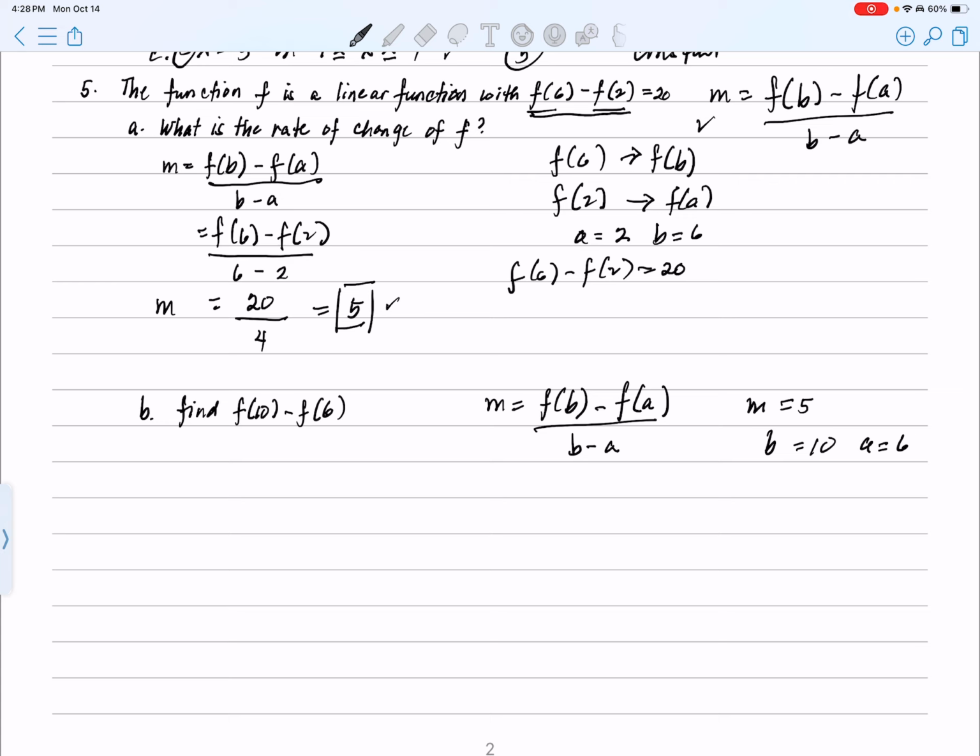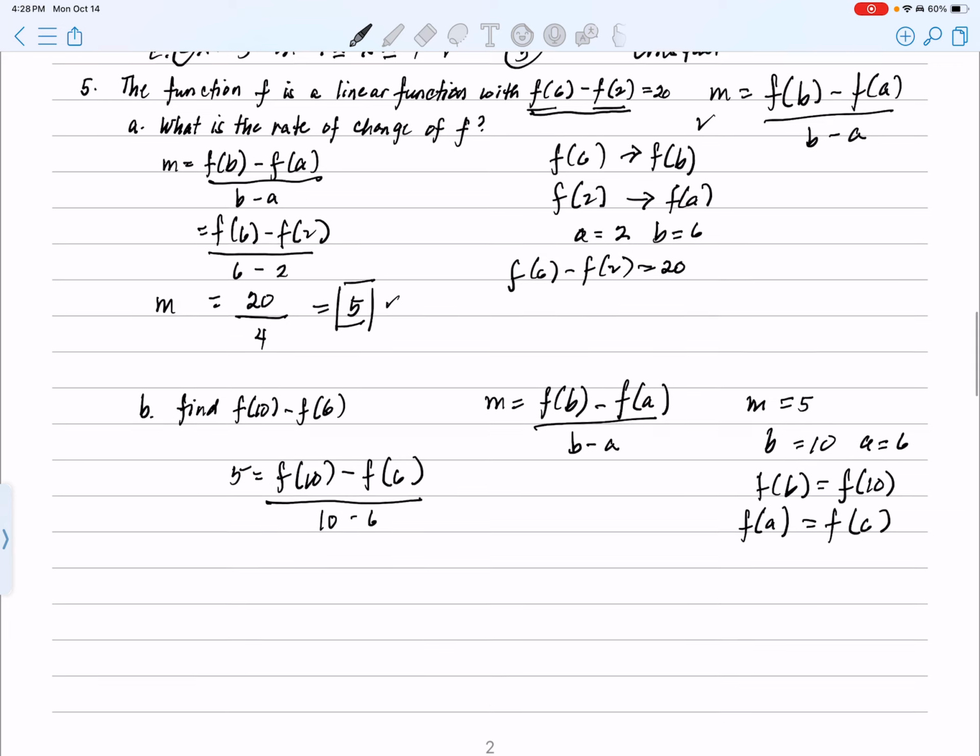Let's substitute. So what will be our f of b? It is f of 10, and our f of a is f of 6. Let's do this in the formula. Our m is 5, then f of 10 minus f of 6 over 10 minus 6.